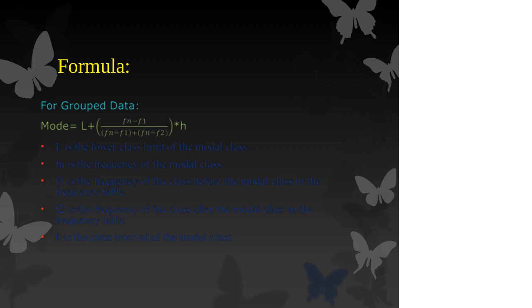So we find our L. L is the lower class limit of the modal class. Our modal class was 69.5 to 79.5. So L is going to be the lower limit.